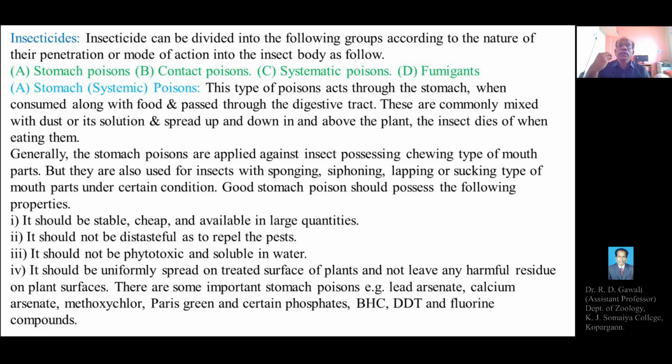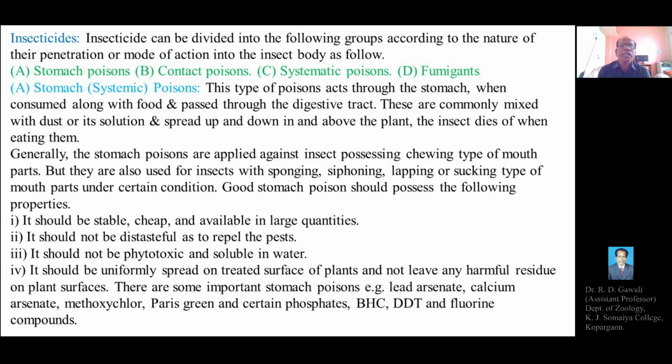When stomach poisons are consumed along with the food and pass through the digestive tract or reach the stomach, they produce their toxic effect and kill the insect pest.